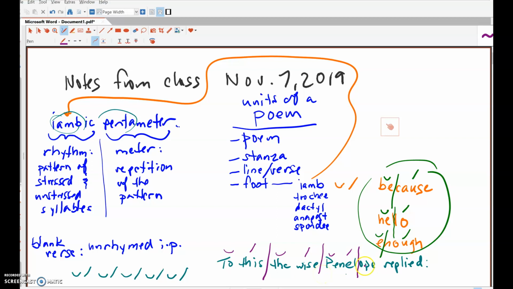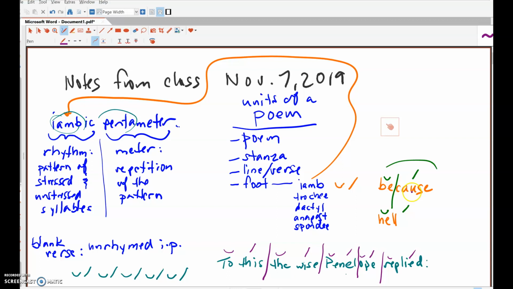The fourth iamb is the rest of that word, o-pe, and then the fifth iamb is replied. So as you can see, an iamb can be multiple words strung together, as we have in iamb 1 and iamb 2. It could be part of a word, as we have in iamb 3 and iamb 4.